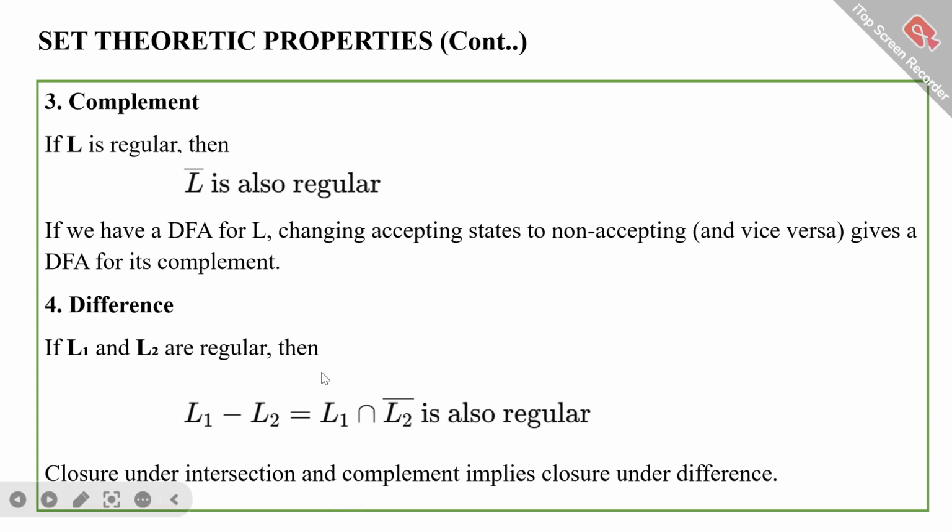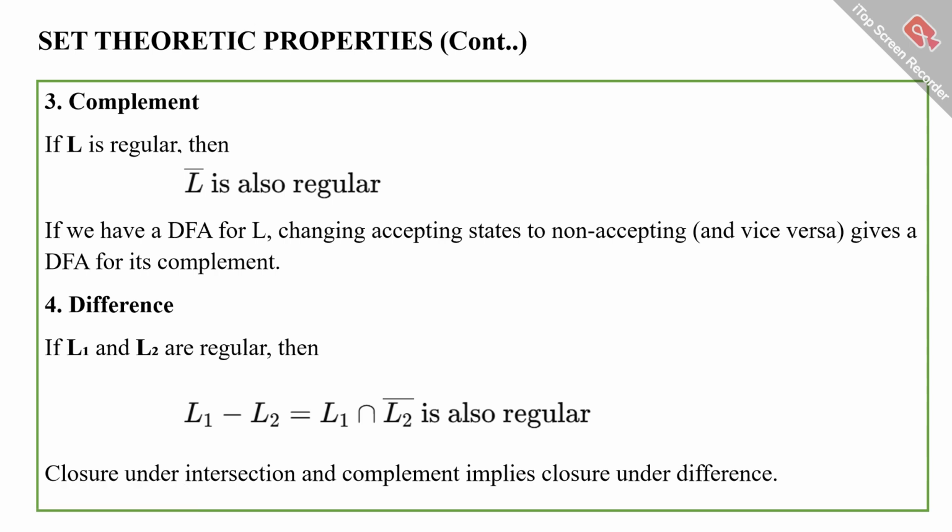Based on that, we can conclude that the difference of L1 and L2 is also regular. After finding L2 dash, we find the intersection between L1 and L2 dash, and it will give the difference of L1 and L2. So closure under intersection and complement implies closure under difference.